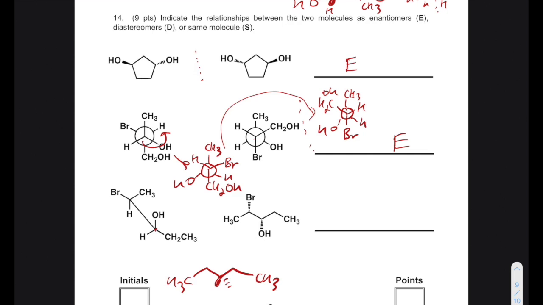What you'll find is that the OH is here and the H is here, and then for this position, the bromine is the dash and the hydrogen is the wedge. So this is the same stereochemistry, and this one is the opposite. This makes them not superimposable, and they're not the same. They are D for diastereomers.